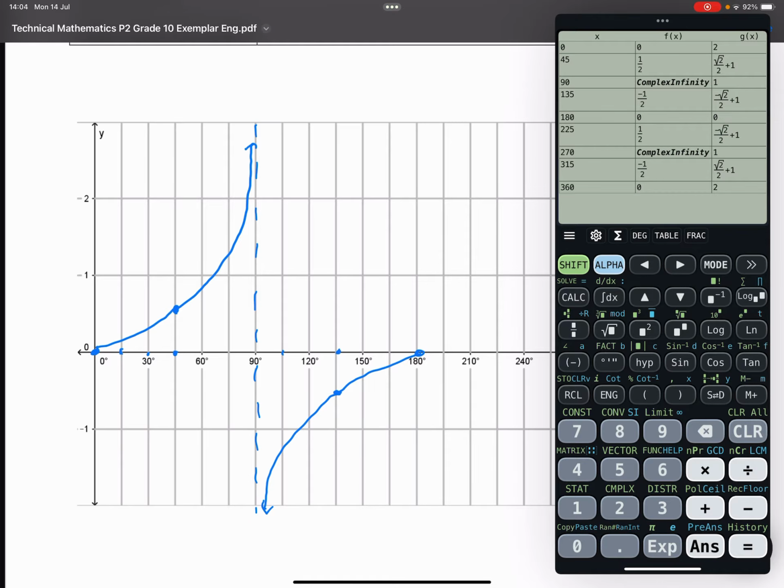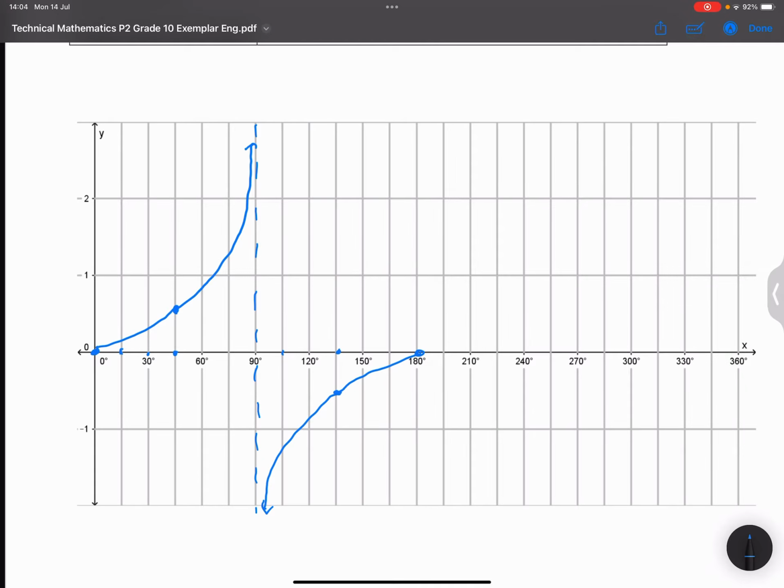And we know we've got a half again at 225. So there we've got 180, and we've got 225 over there. So at 225, our graph is equal to a half again.